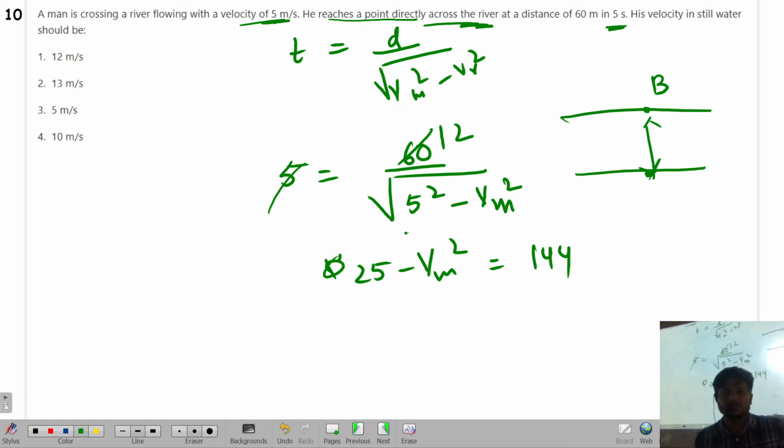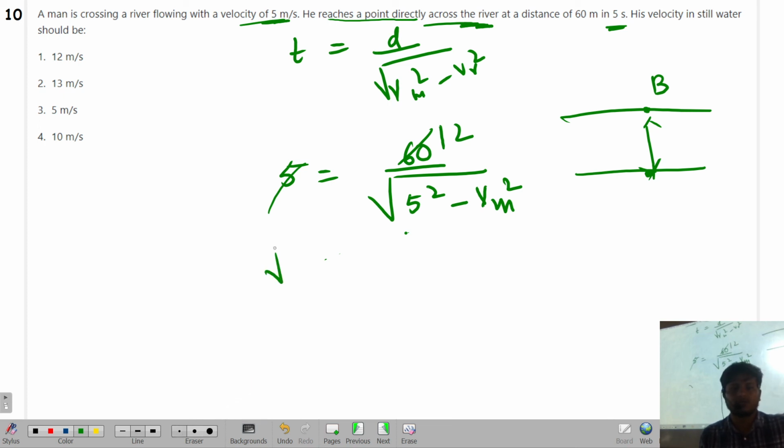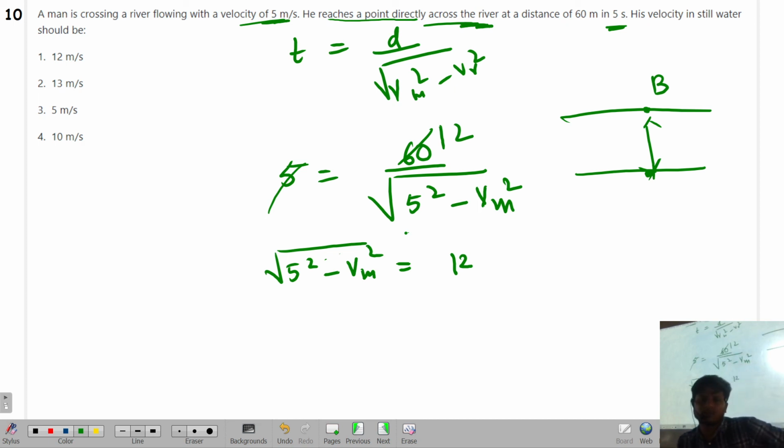It will be a negative root that we should consider. Okay, yes. So one thing is there. Look over here. See this. So root over 5 square minus Vm square is going to be... Okay, yeah, correct.